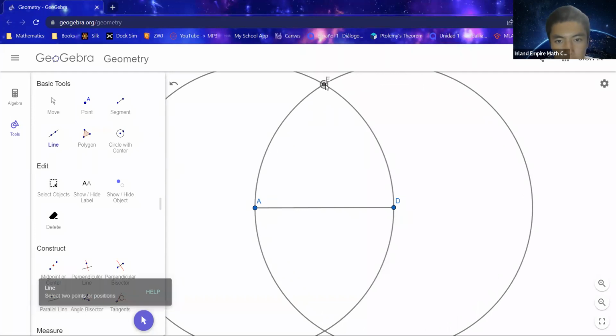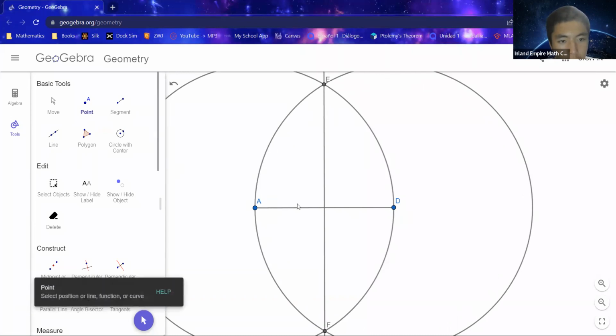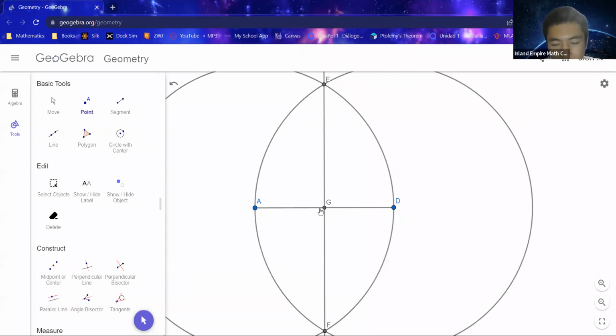And you would end up with the perpendicular bisector. And since it is the perpendicular bisector, we know G is the midpoint of AD. And this line down the middle is perpendicular to AD.